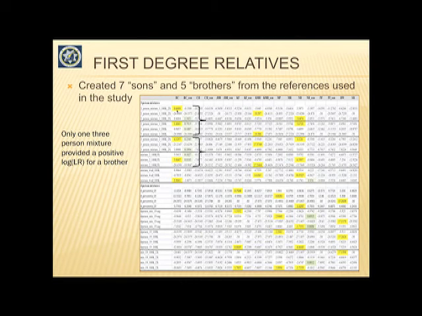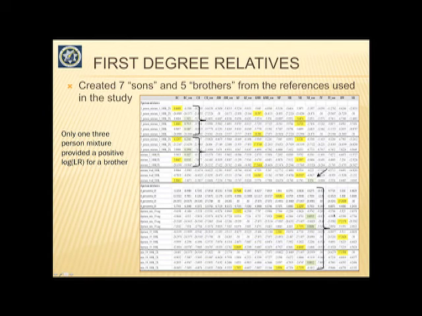BC is indicated in yellow, and he is a true contributor, as well as KMH and NH to these 3-person mixtures. Mixture 4 edited also provided a small positive match score to the son of NH, which is a true contributor to the mixture. That was not reproducible.